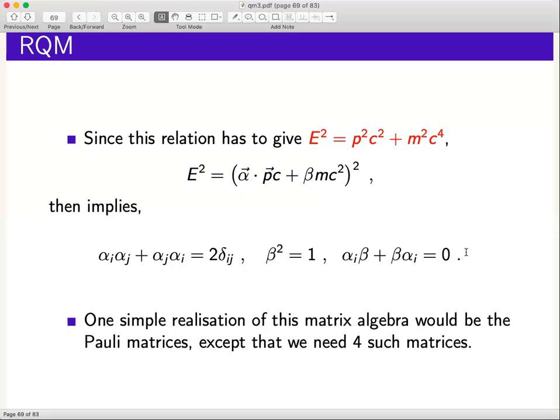Which essentially means that you would have to look at matrices which are larger than 2 by 2. So let's try to figure out what should be the size of the matrix such that it would satisfy the constraints that we have, namely these three equations. Any questions here?